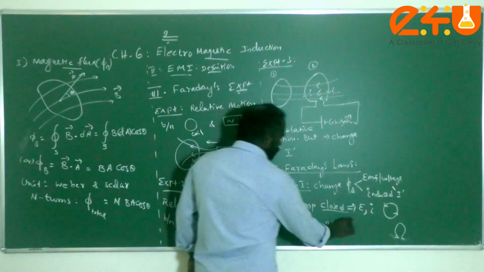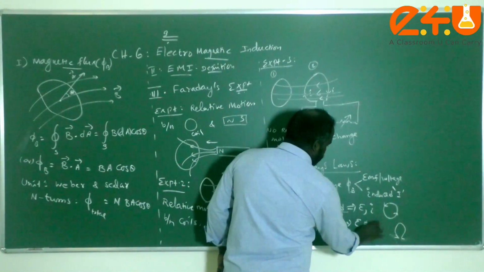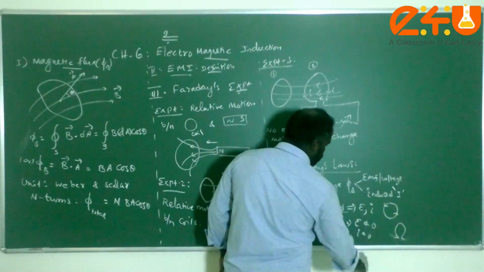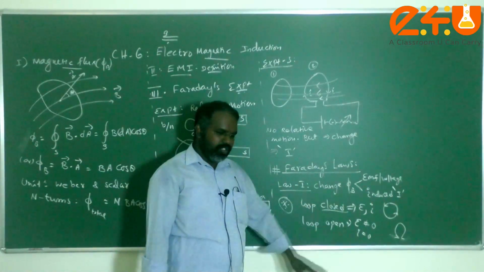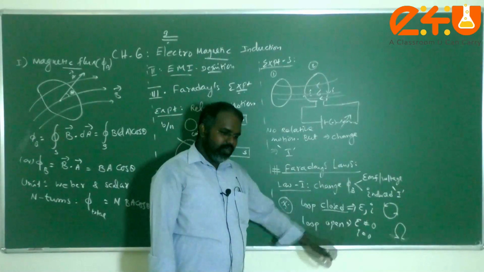So in this case, EMF will be non-zero, but induced current will be 0. That is the main difference between these two cases. So this is the statement of the first law.